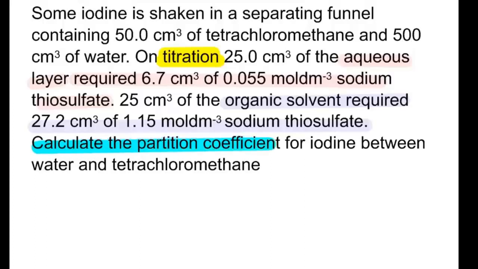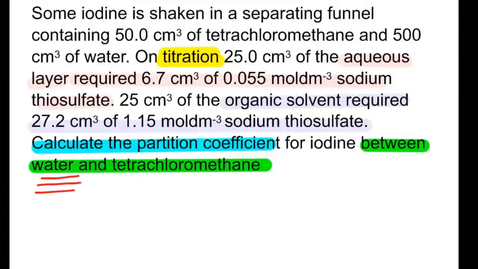And your task once again is to calculate the partition coefficient, this time for iodine between specifically water and tetrachloromethane. So here we have water appearing first in the sentence, so the concentration of iodine in the water will have to appear in the top line.